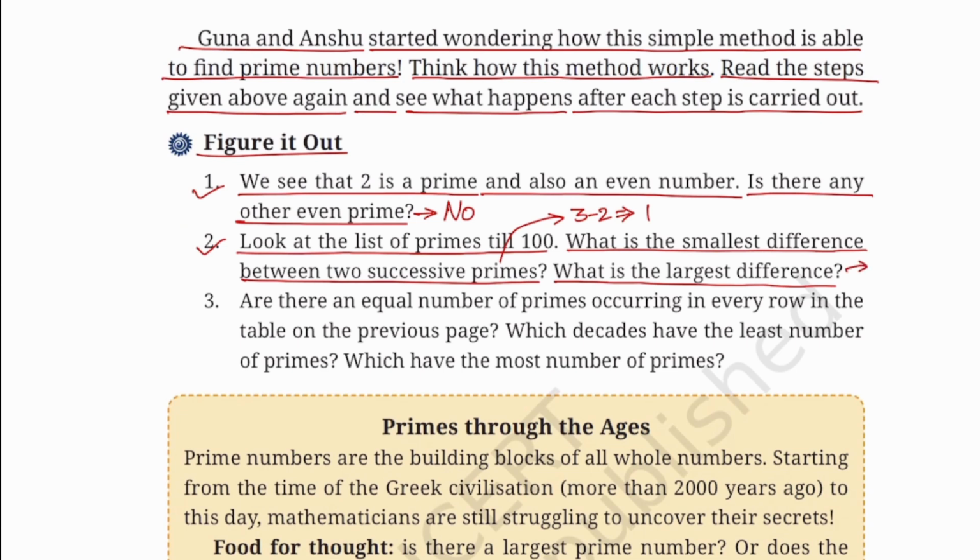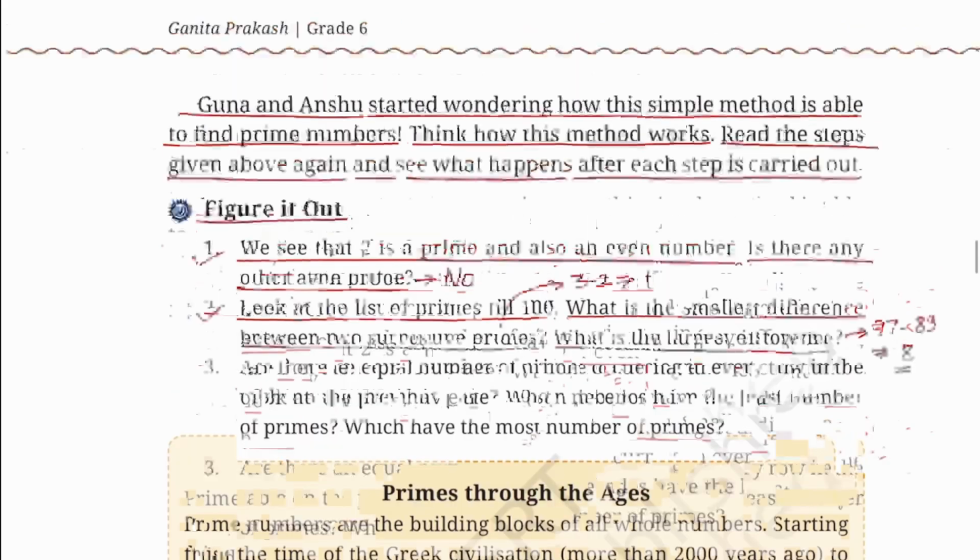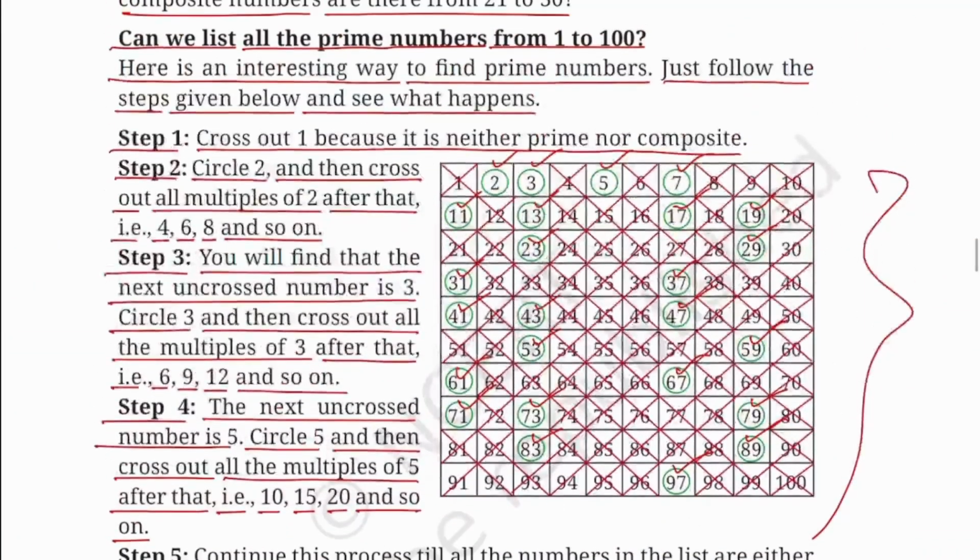Largest difference is between 97 and 89, that is 8. You can see it here. 3 minus 2, that is, smallest difference is 1. Largest difference is between 97 and 89, that is 97 minus 89, which is equal to 8.